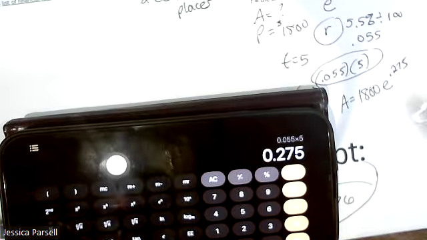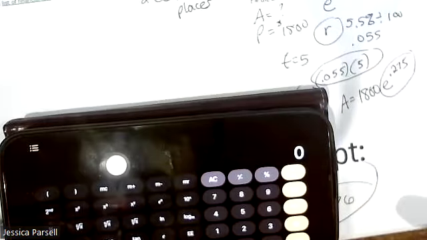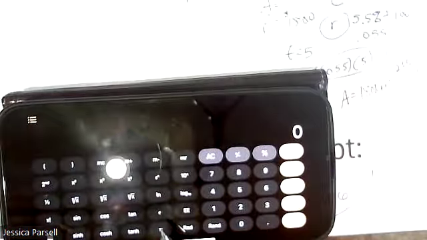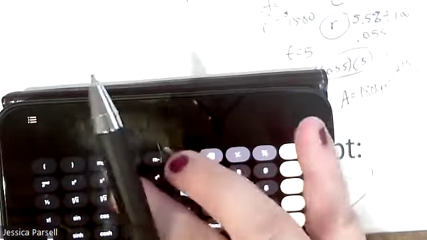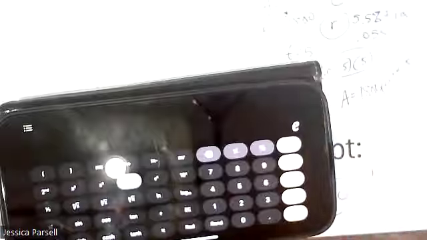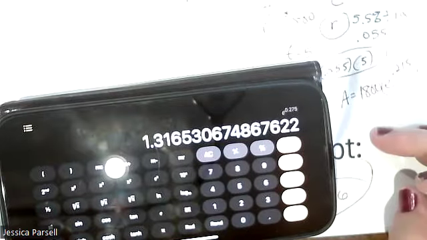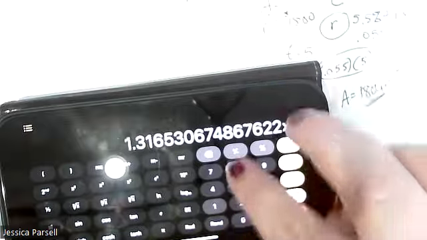All right, now I probably would try to do this next on my calculator. So I might clear that out, and then I'm going to press e, which is right here. So somewhere on your scientific calculator, there's an e. And then this x to the y tells me I can go up. So I'm pressing that and then 0.275. So I'm going to hit equals. Then I'm going to take that number and multiply it times 1800.